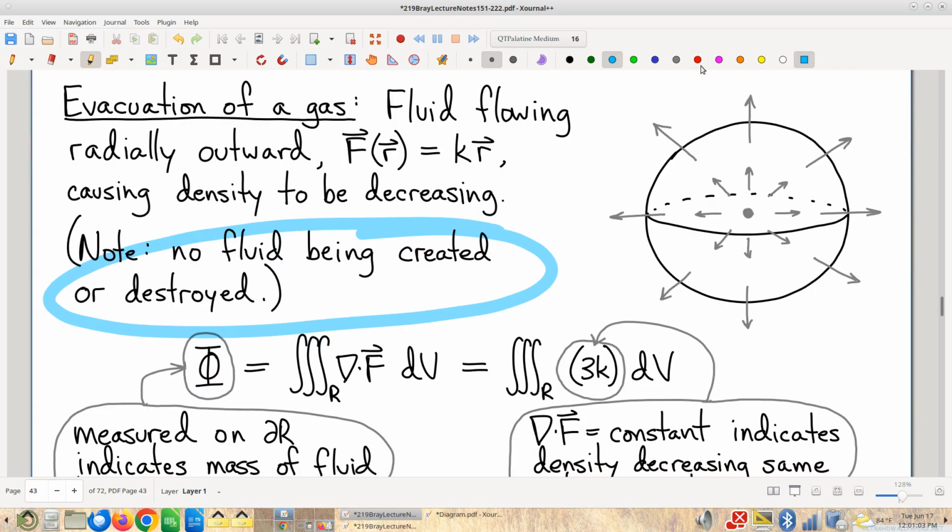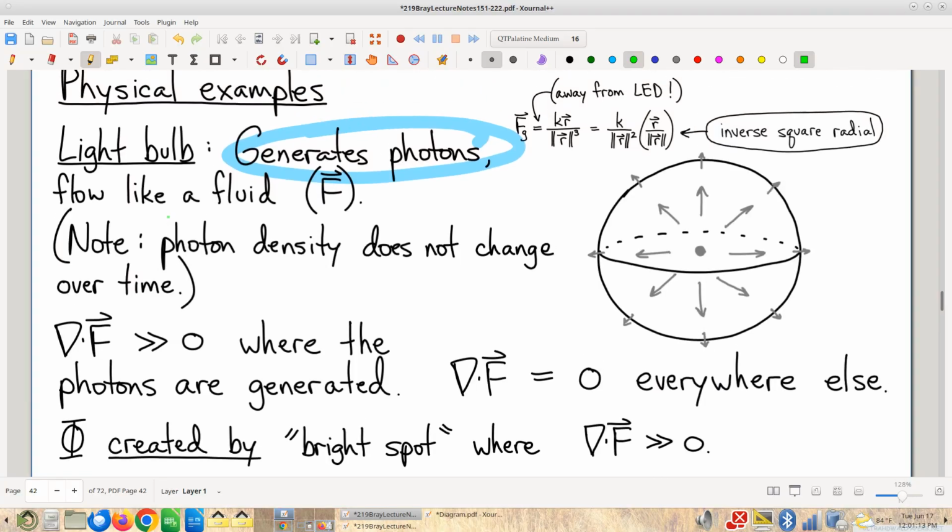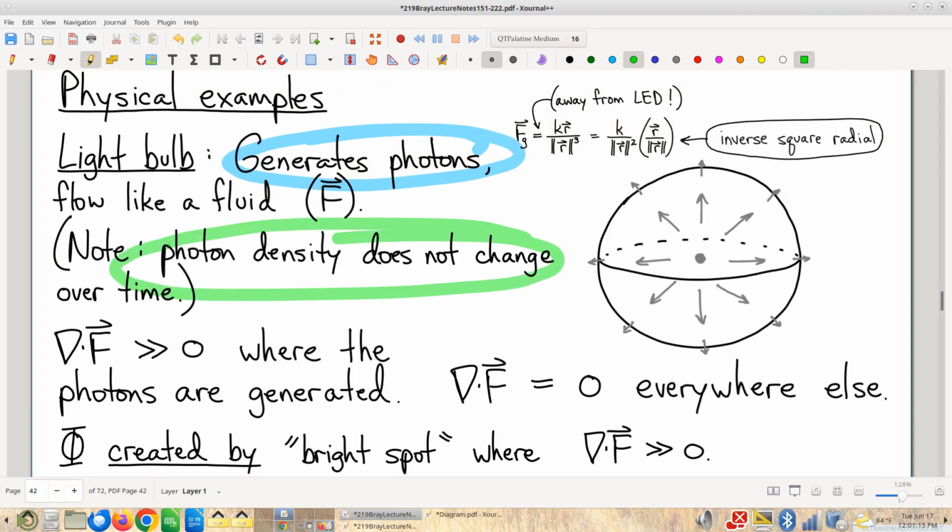And there's another big difference, which we also talked about. In this case, obviously, as the gas is spreading out over more and more volume, the density is going to be decreasing, but not with photons. With photons, the density is what it is. It's time independent. However many photons per unit volume there are between my hands, that value is not changing. Does that make sense? So, a very different kind of fluid.